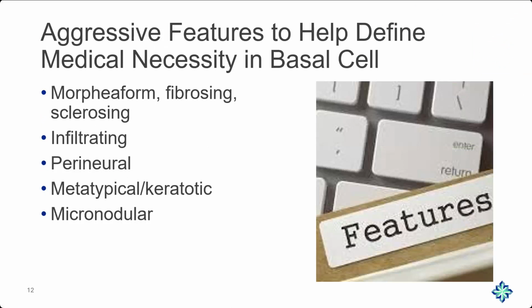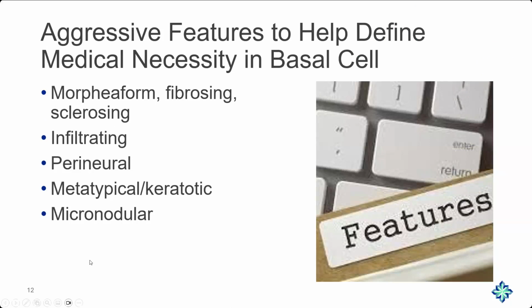Different types of cancers have different aggressive features. For basal cell carcinomas, this includes these features that are listed here, and they're also listed in the LCD. I'm not going to go through these because they're listed in the local coverage article as well as on this slide.